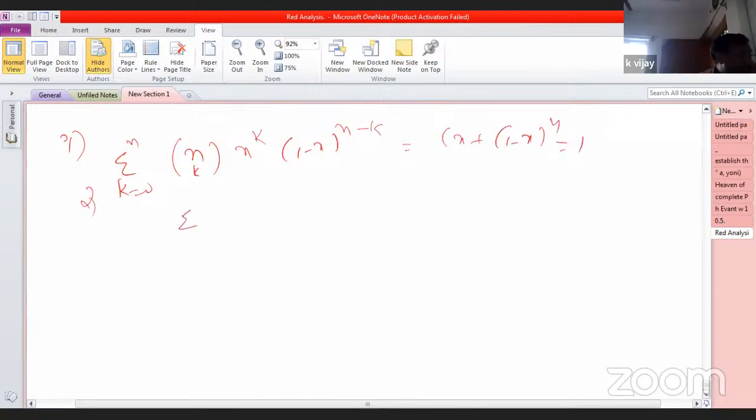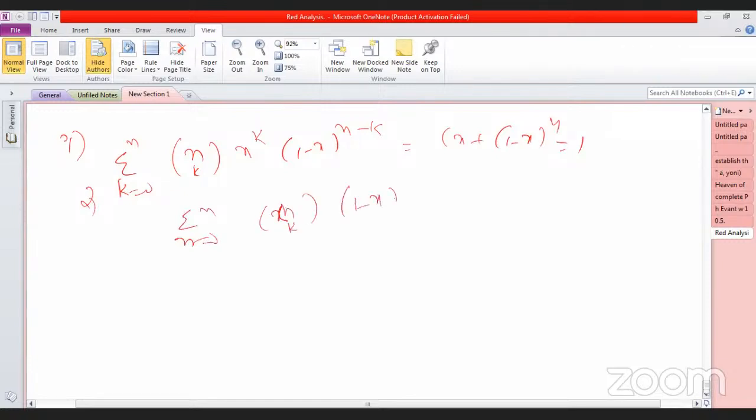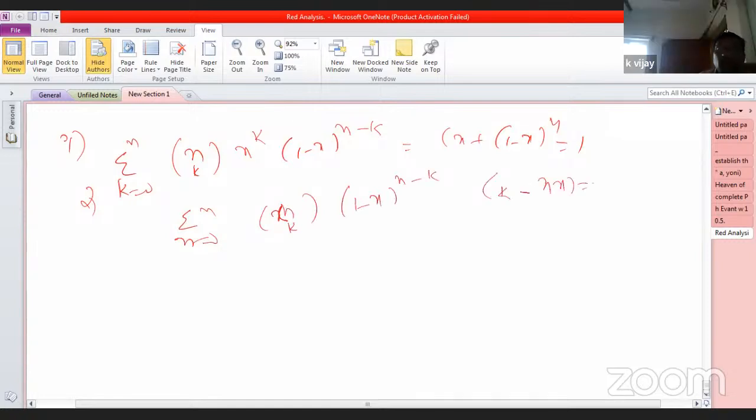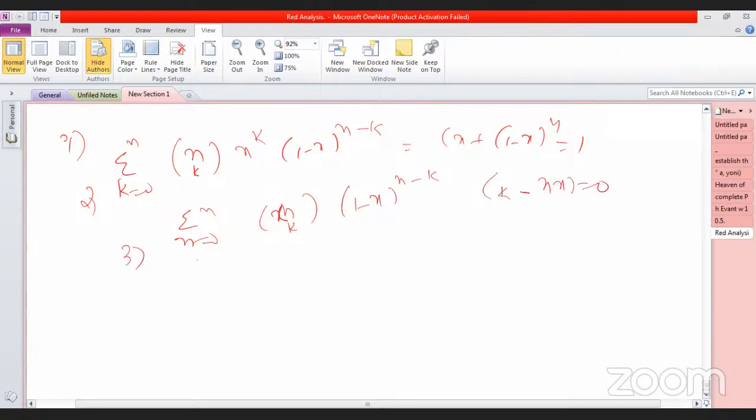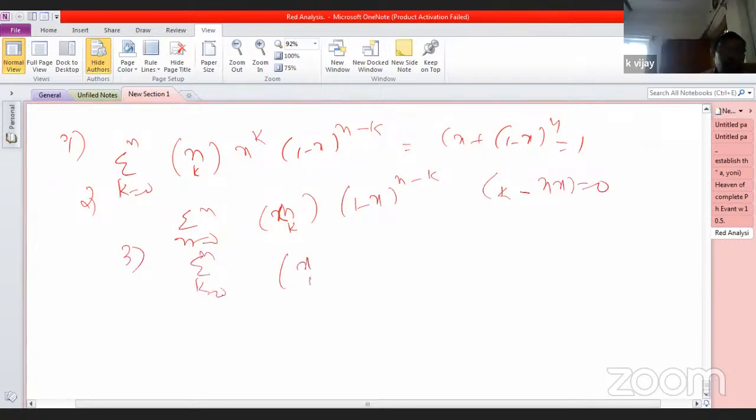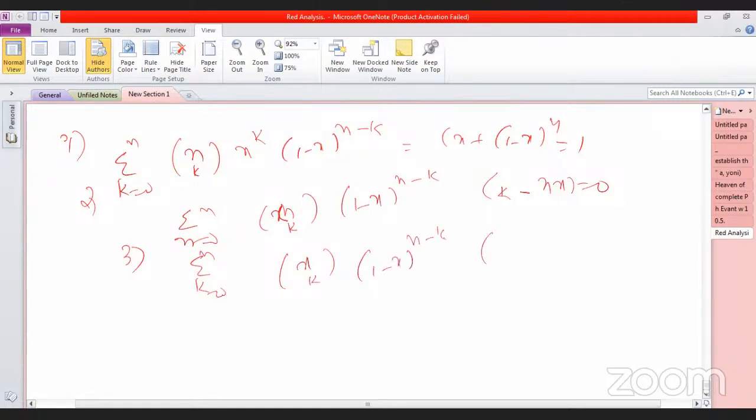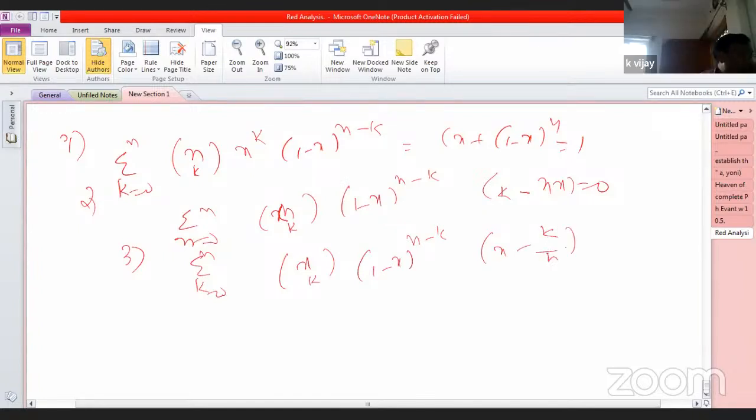The second condition, summation of n is equal to 0 to n, a minus nx is equal to 0, 1 minus x power n by 2, this is x into 1 minus x.